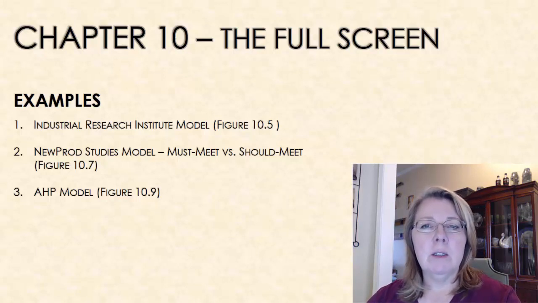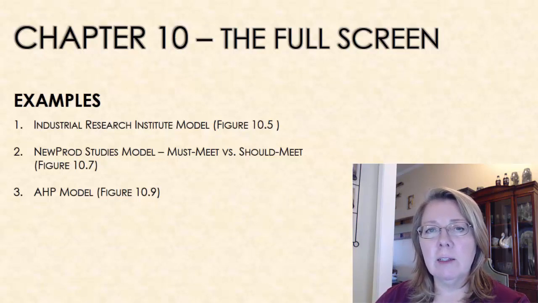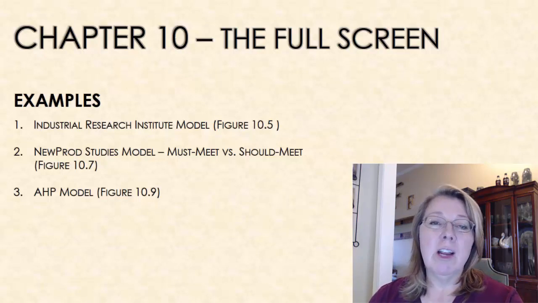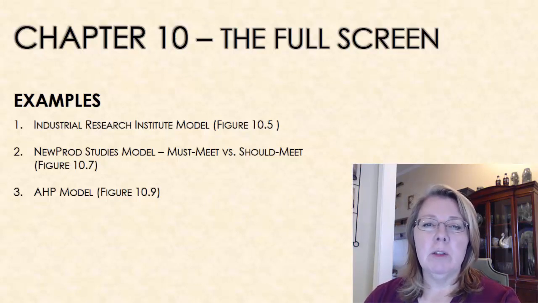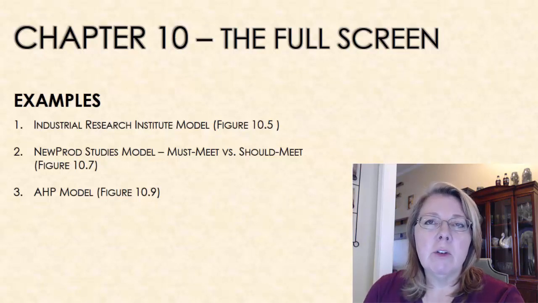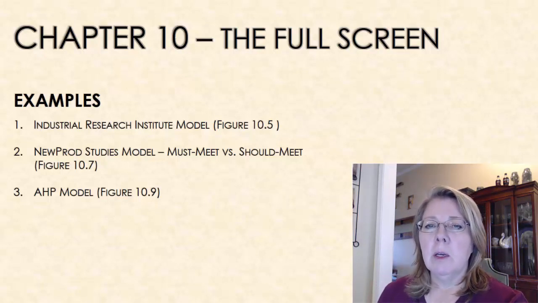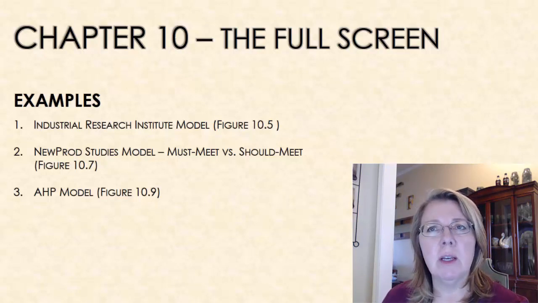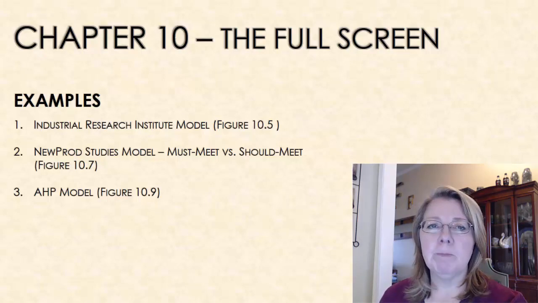The New Product Studies model is a must-meet versus should-meet criteria analysis, and there's an example in Figure 10.7. And the AHP model is shown in Figure 10.9. Each of these is talked about as well, so know something about them and think about them when it comes to the scoring model you want to develop for this assignment.